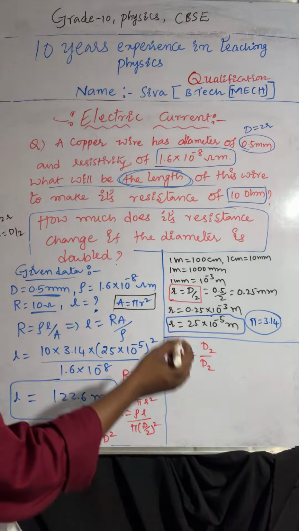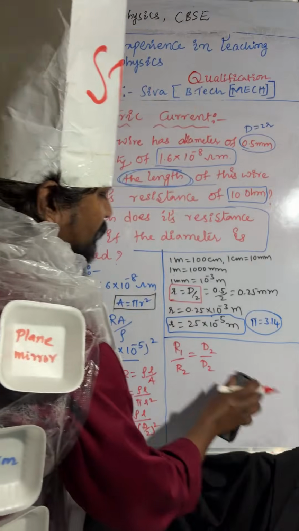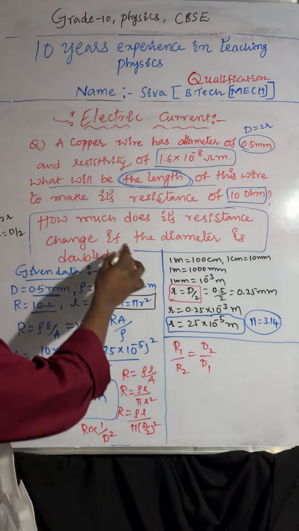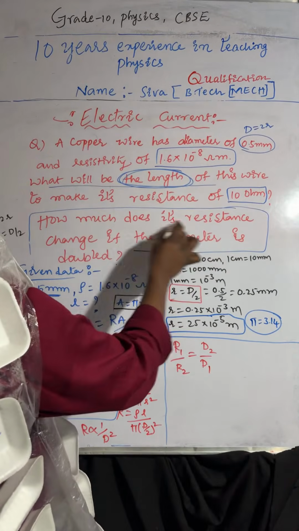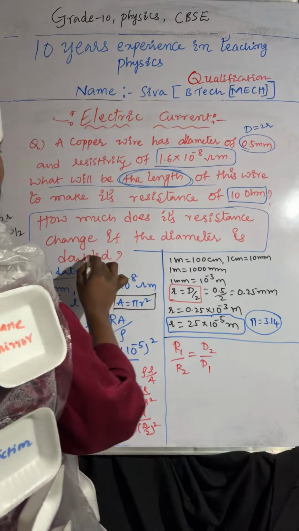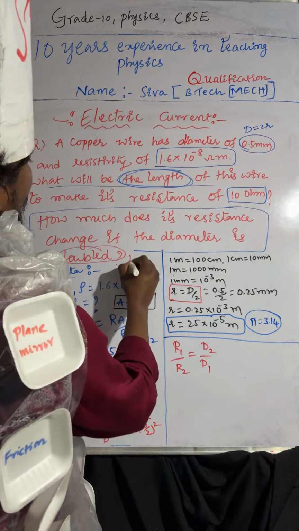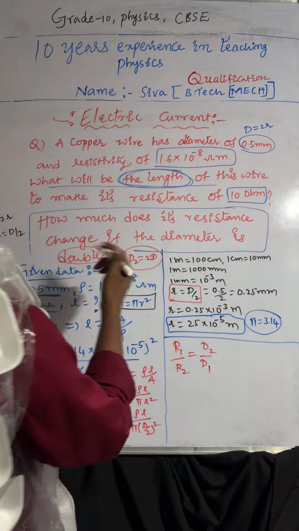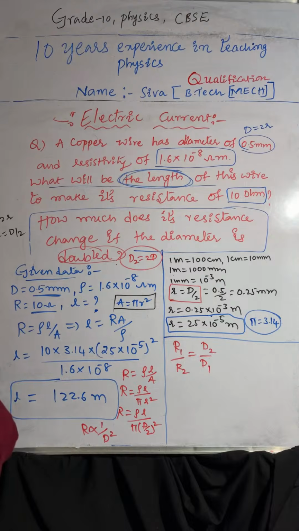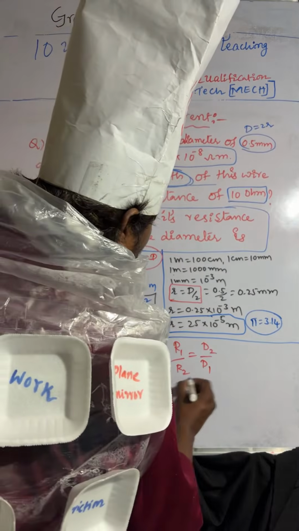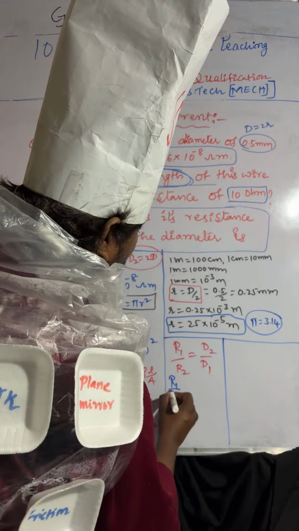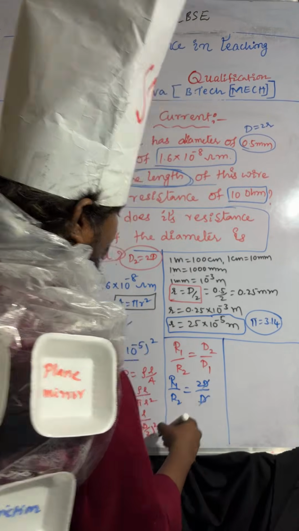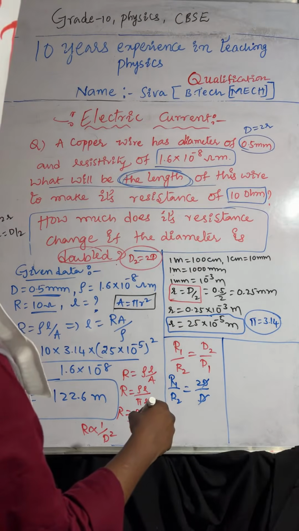Here the diameter is doubled. Diameter is doubled in the sense D2 equal to 2D1. So substitute the value. Then R1 by R2 equal to 2D by D whole square, since the square is there.